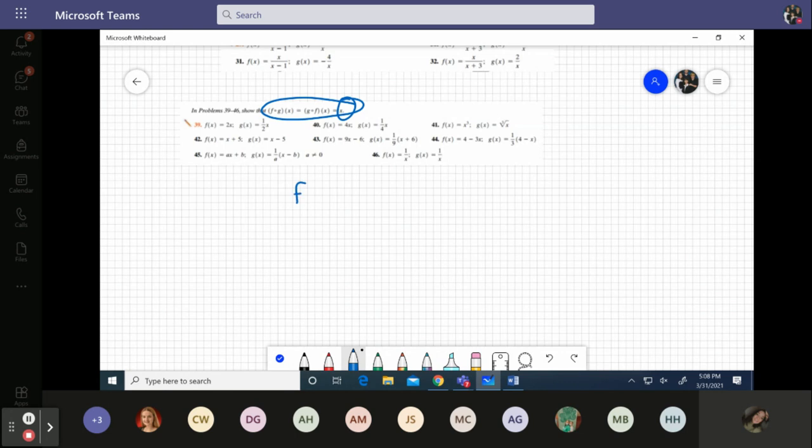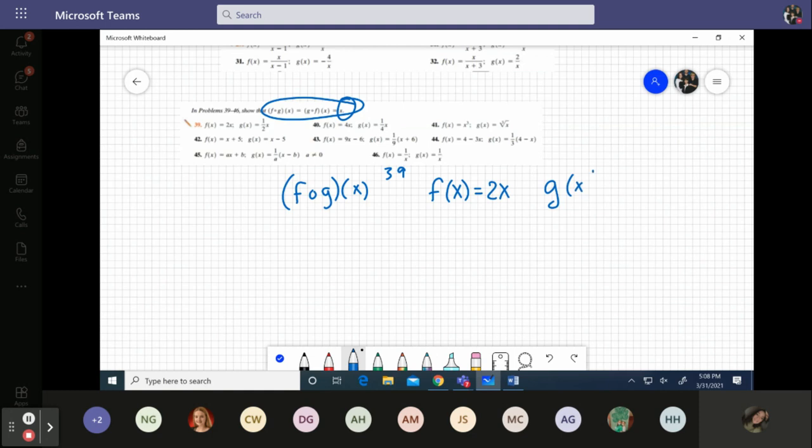So if I have f of g of x, and I'm looking at problem 39, then I have g of x going into f of x, and g of x is equal to 1/2 x.